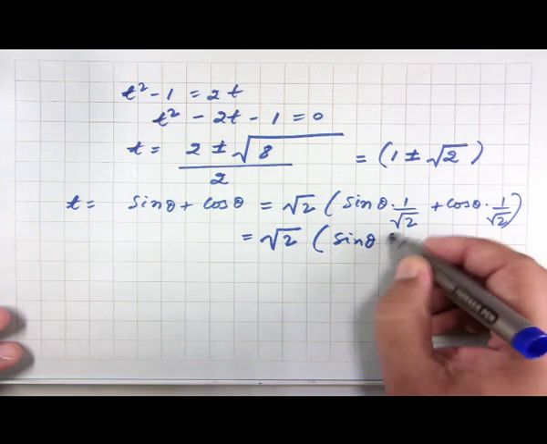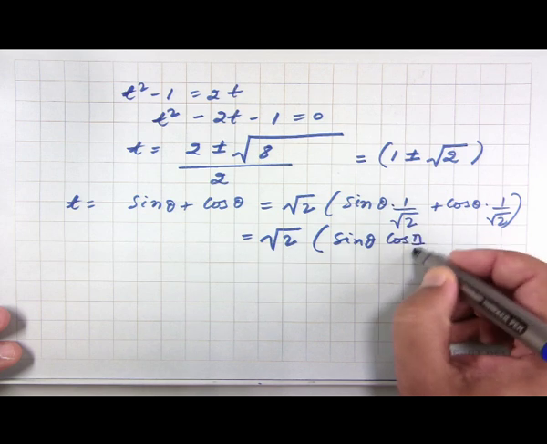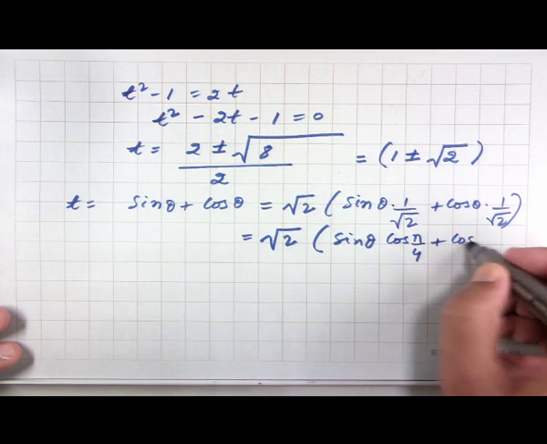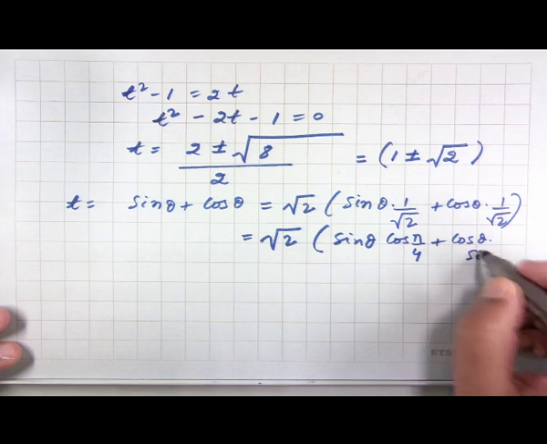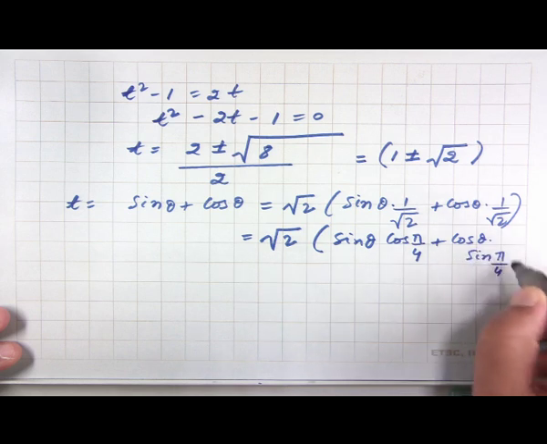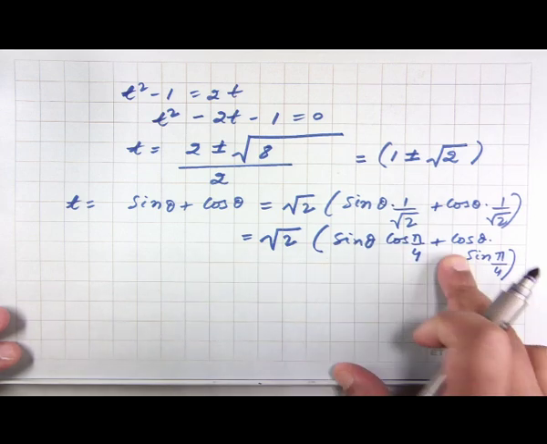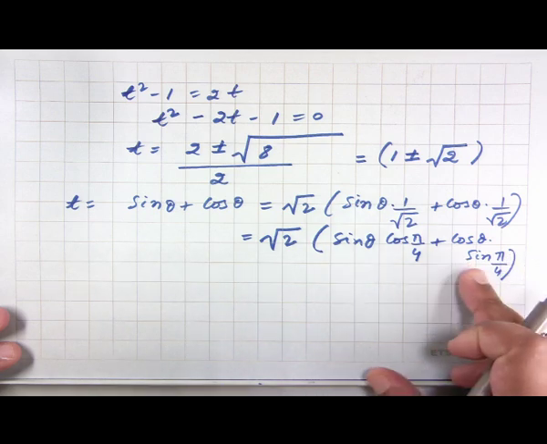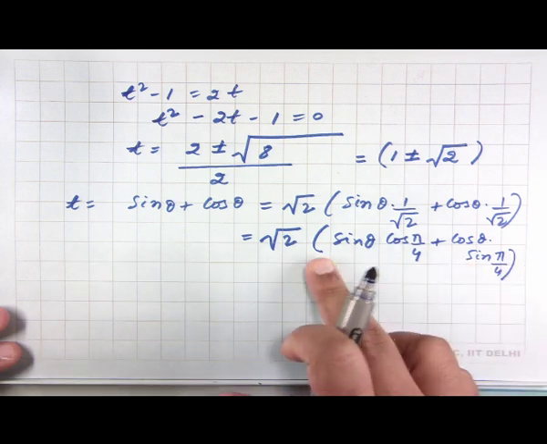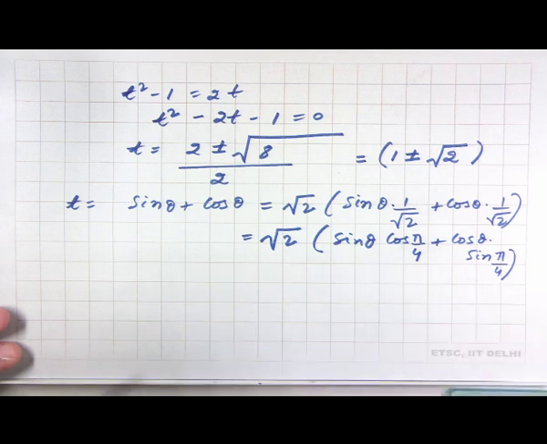So, we can write here sin theta cos pi by 4 plus cos theta into sin pi over 4. This is again of the form sin A cos B plus cos A sin B, and therefore, this expression inside the braces is sin of theta plus pi by 4.